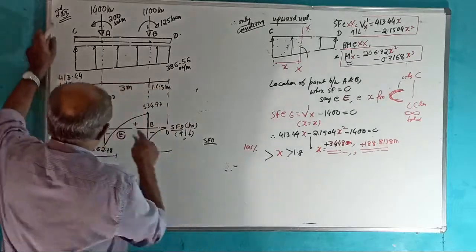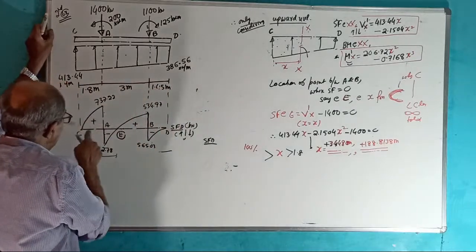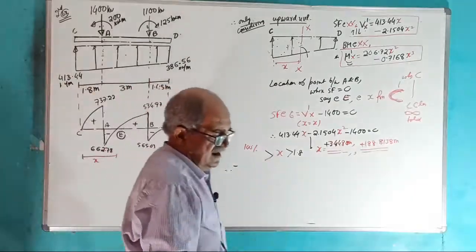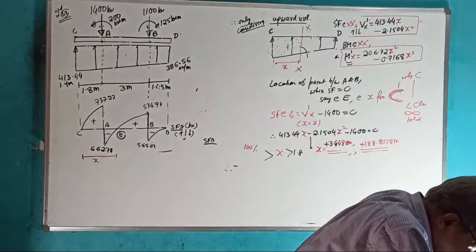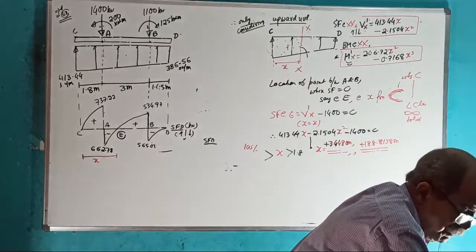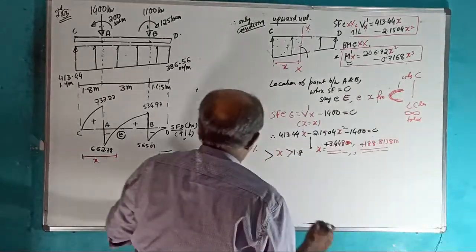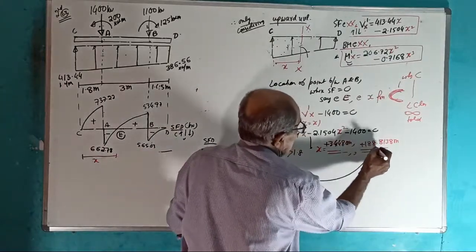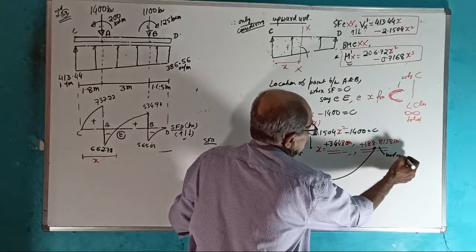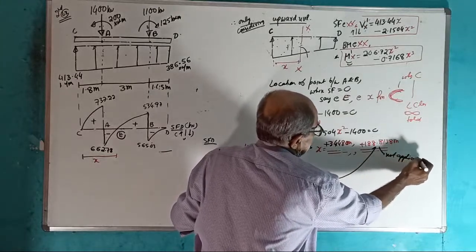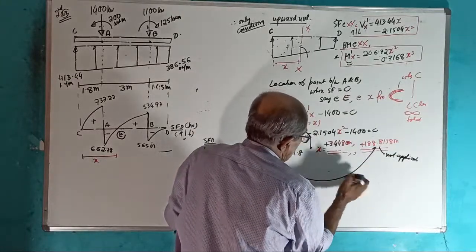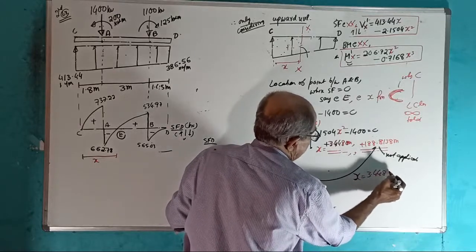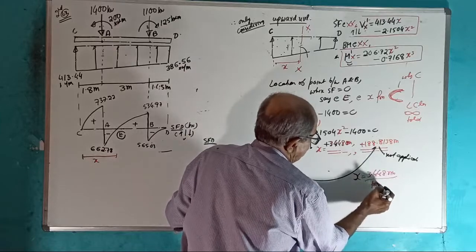A point here after A, x from here should be more than 1.8 and less than 4.8 meter. Therefore, based on this condition, the second value is not applicable. Therefore, your x equal to what? 3.4480 meter, from C.